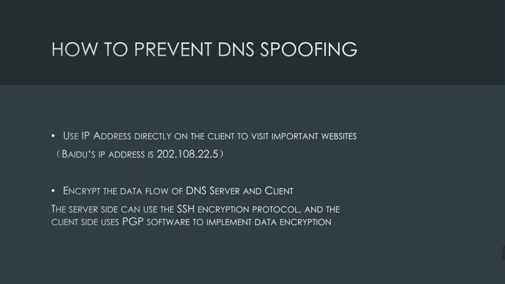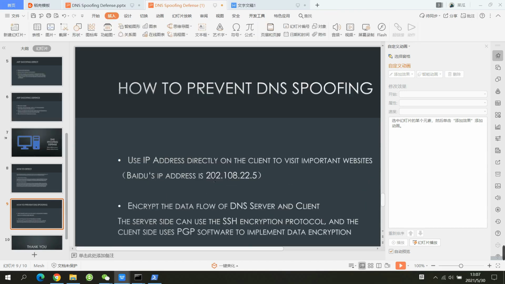And how to prevent them? There are two methods. One is simple, one is more complicated. We can directly use the IP address on the client to visit important websites. For example, Baidu's IP address is this.